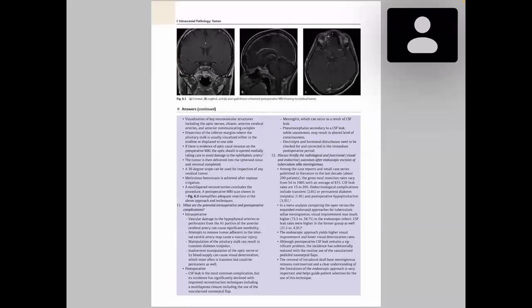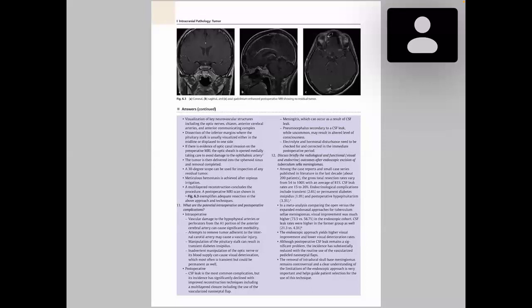I think some people go ahead and put plates depending on the size of the defect, especially if you've dissected quite more anteriorly and also more posteriorly if there's an extension towards the clivus.